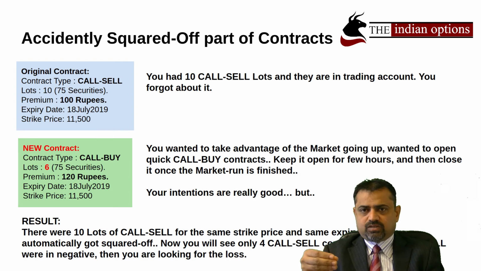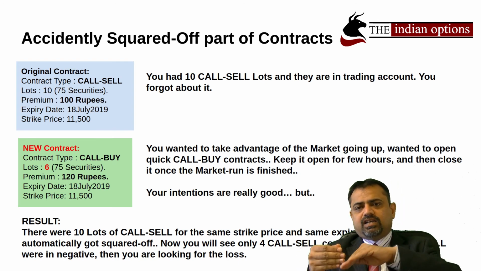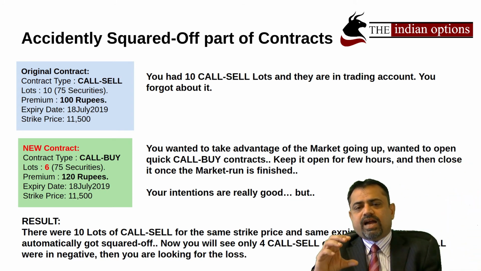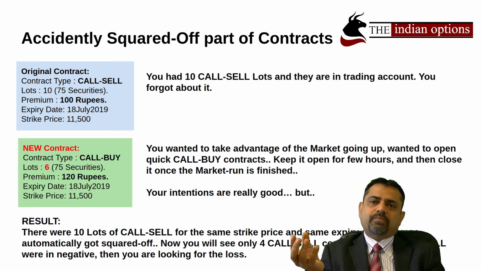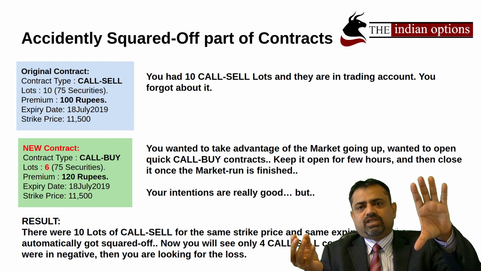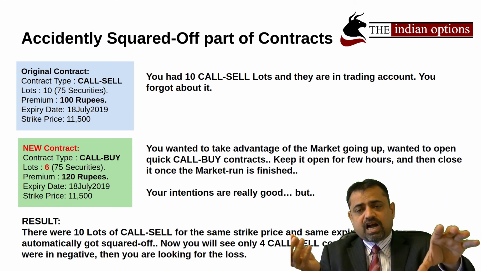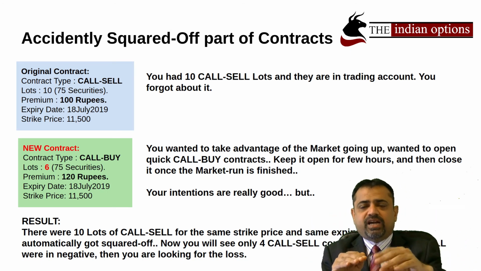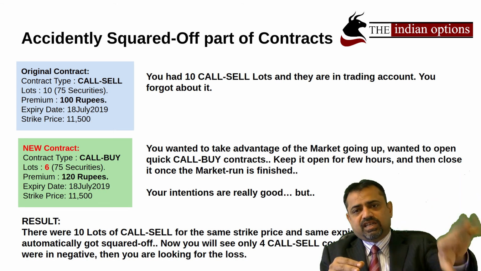I thought the market is going up and things like that, and what happened is that it accidentally squared off 6 of those original 10, and now I had only 4 lots of call sell remaining with me. Eventually, the call sell contract which I actually intended to keep got squared off, half of it basically, because I opened a put buy contract with the same expiry date, and the system thought that okay, he wants to square off half of it, and then it's squared off.